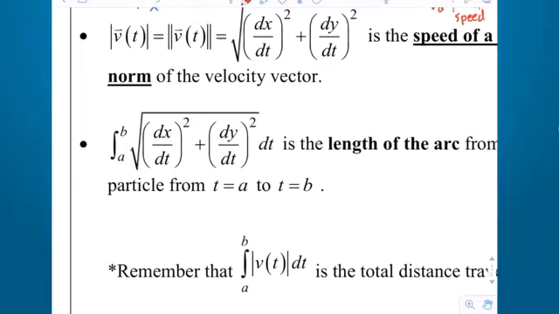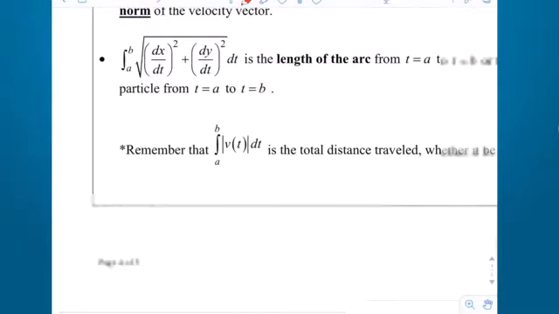But again, in the context of particle motion, it is the distance that the particle will travel through the curved path from time equals a to time equals b. So kind of a double thing happening there. This is still the speed function, which is just the Pythagorean theorem. When you integrate it, you get the length of the arc, or the distance the particle travels.